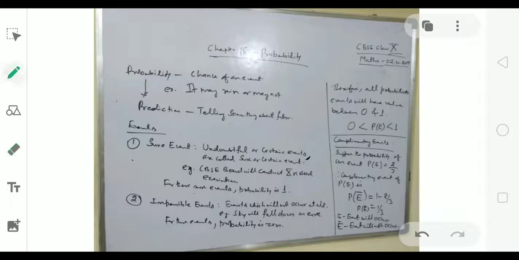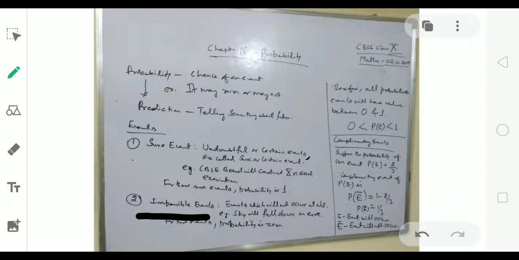Similarly, we go for another event and which is called as impossible events. Impossible events are those events for which again we are damn sure that it will not happen, it will not occur. Okay, so if we say that the earth will stop rotating around its own axis, it will never happen. In that case, we can say that this is an impossible event.